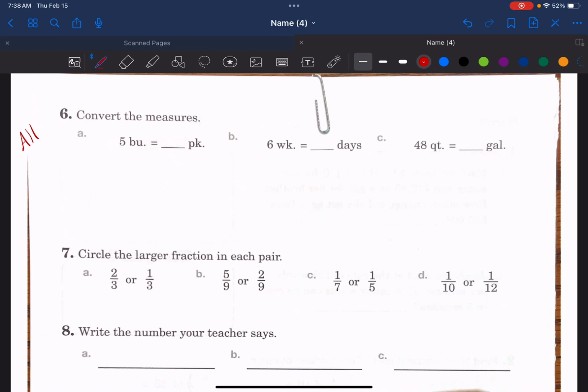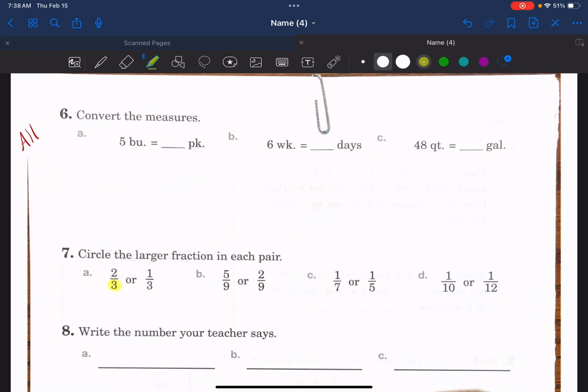All right, then number 7, I would love for you to do number 7, where you are going to try to find out which one is the larger of the pair. So remember, the way that I like to think about it is look for if you have the same denominator or the same numerator.